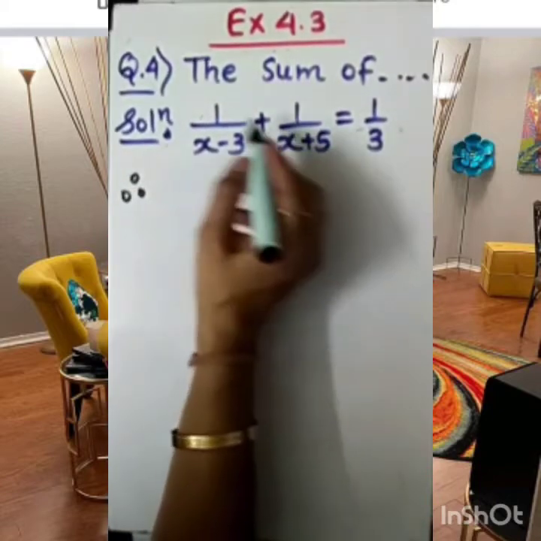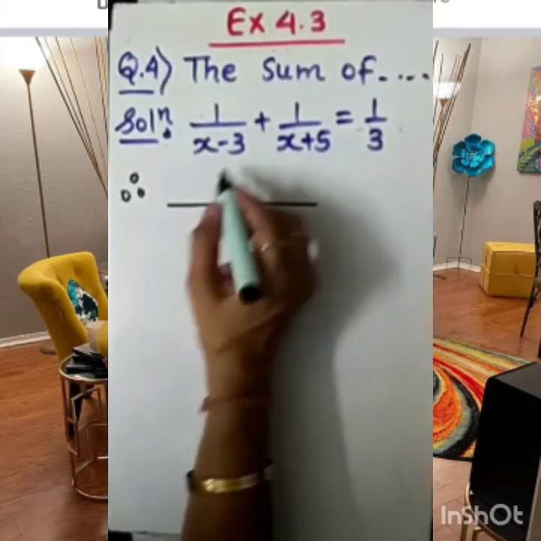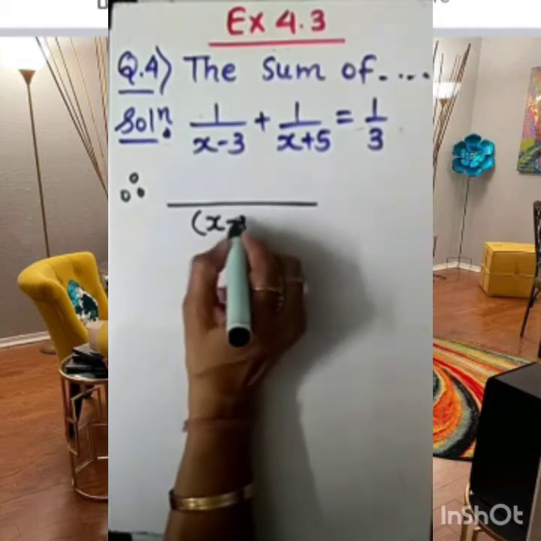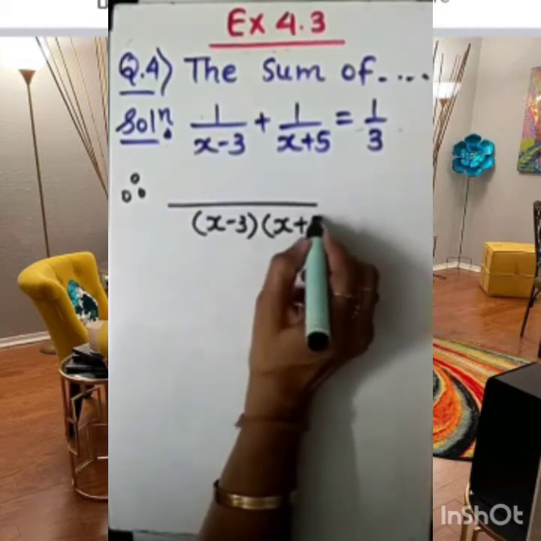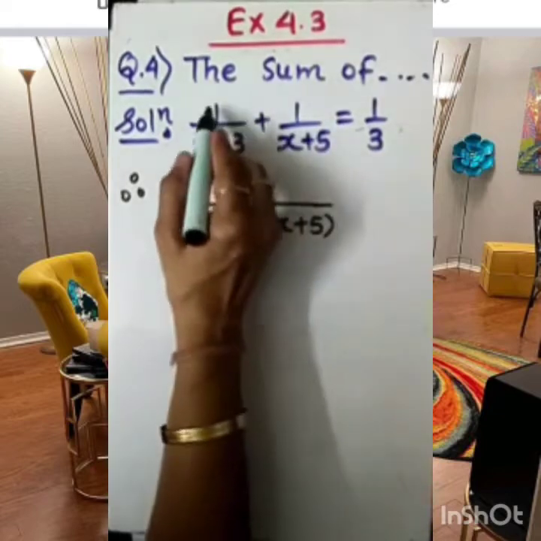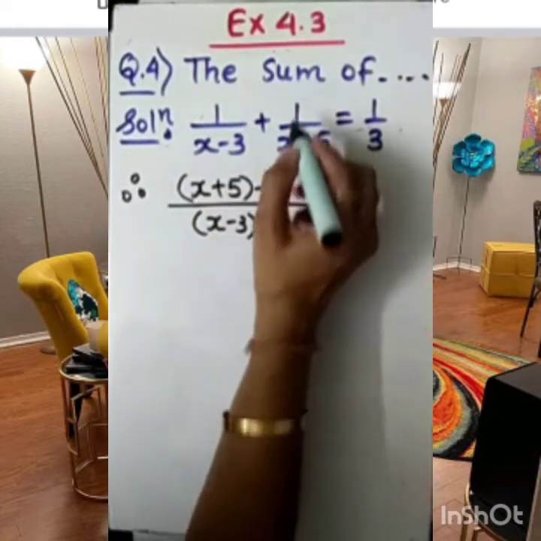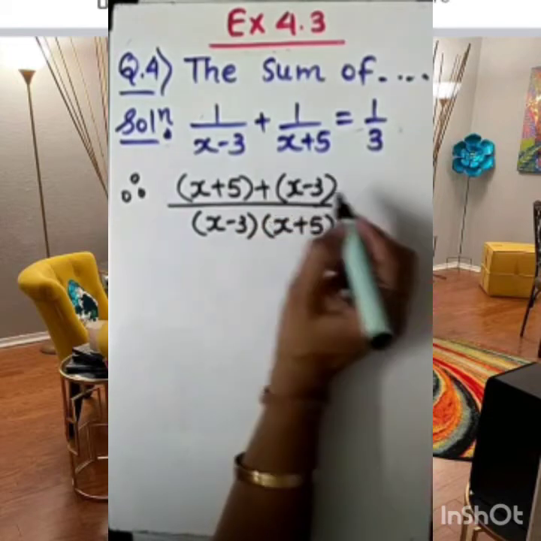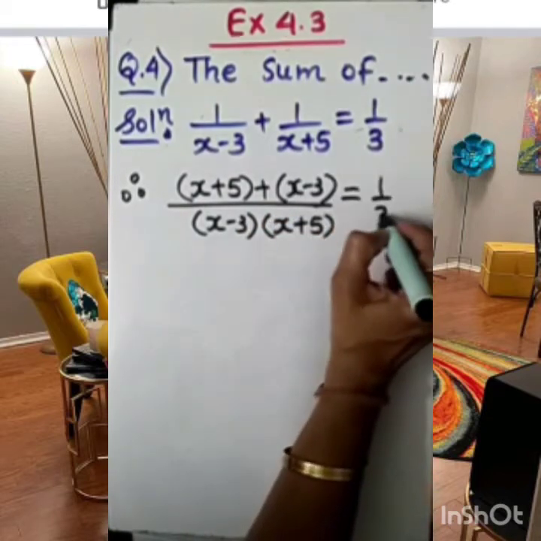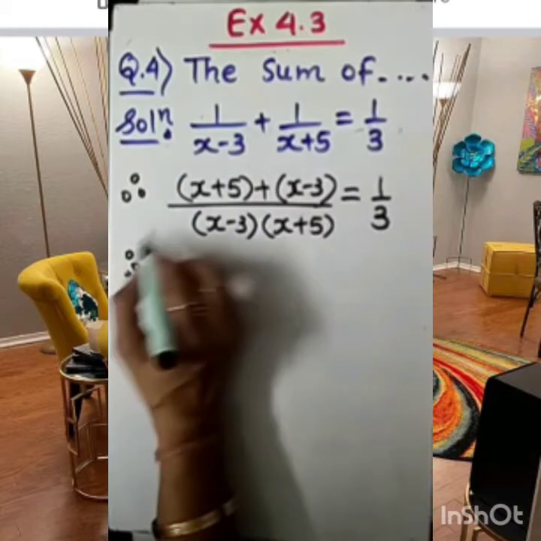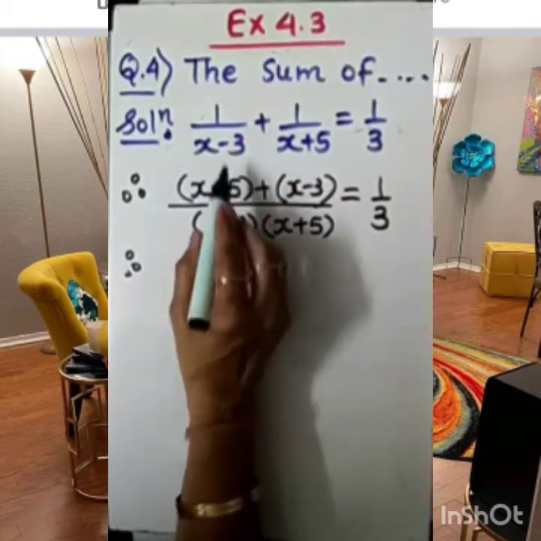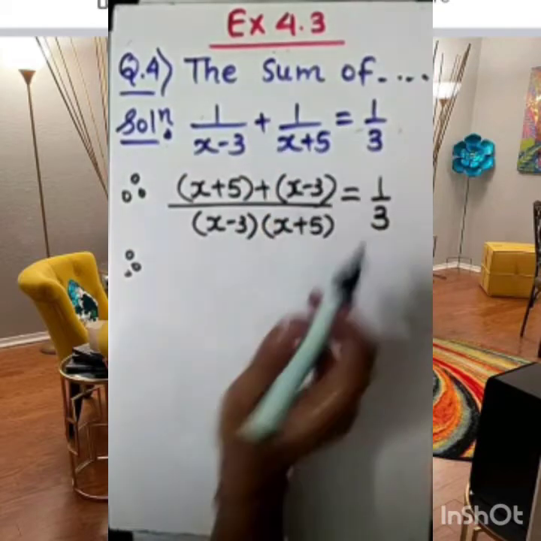The LCM of both of these will be X minus 3 and X plus 5. So I need to multiply this with X plus 5 plus here I need to multiply X minus 3, that is equal to 1 by 3. This I am multiplying with X plus 5. This I am multiplying with X minus 3.